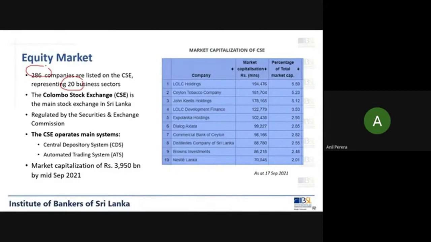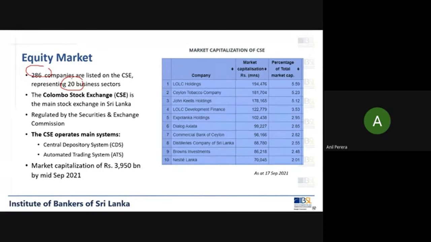Could be banking, could be leisure, could be footwear manufacturing, could be transportation, could be various goods productions. Likewise, there are 20 various business sectors and less than 300 companies operating.